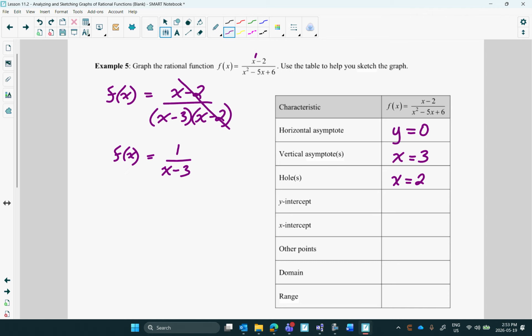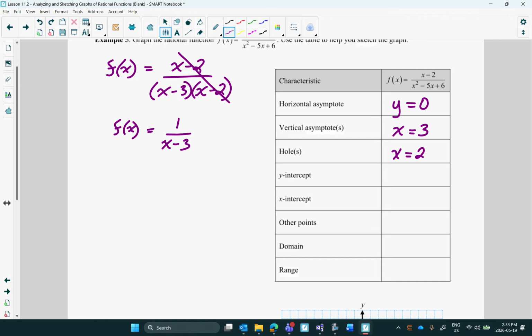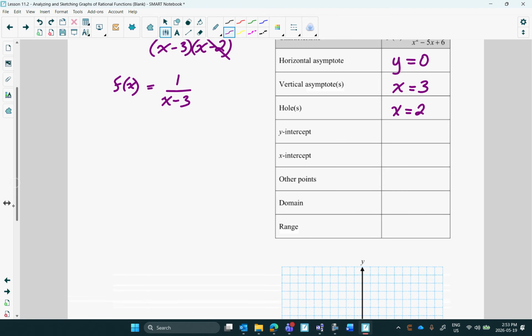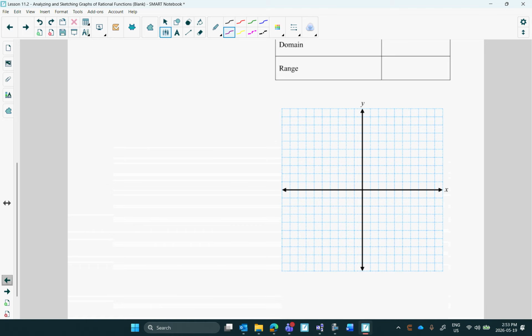Again, you could do the y-intercept and x-intercept. I'm not going to worry about that. Okay. So let's see. We got y equals 0, x equals 3.